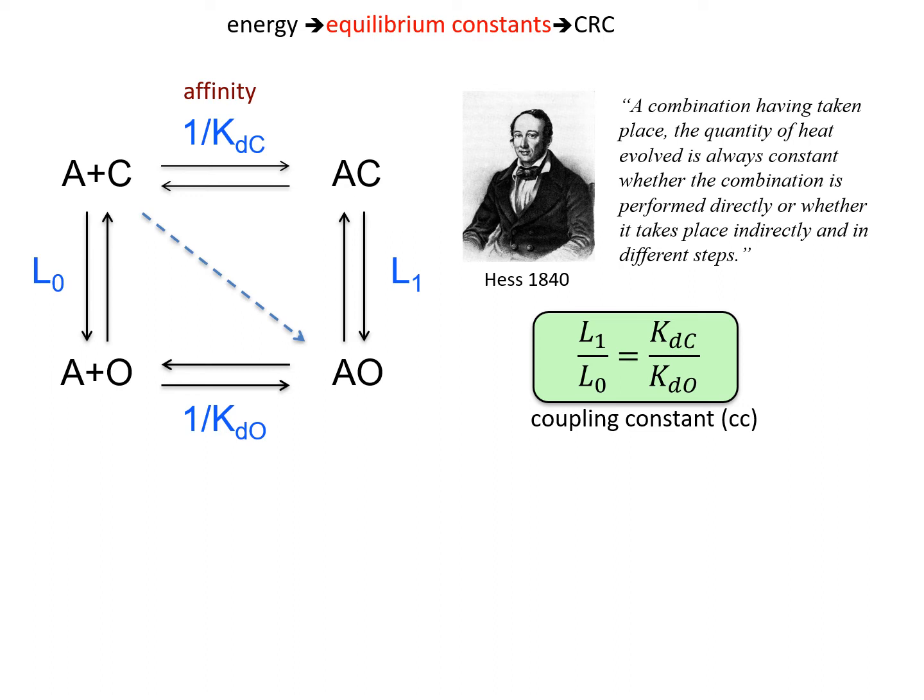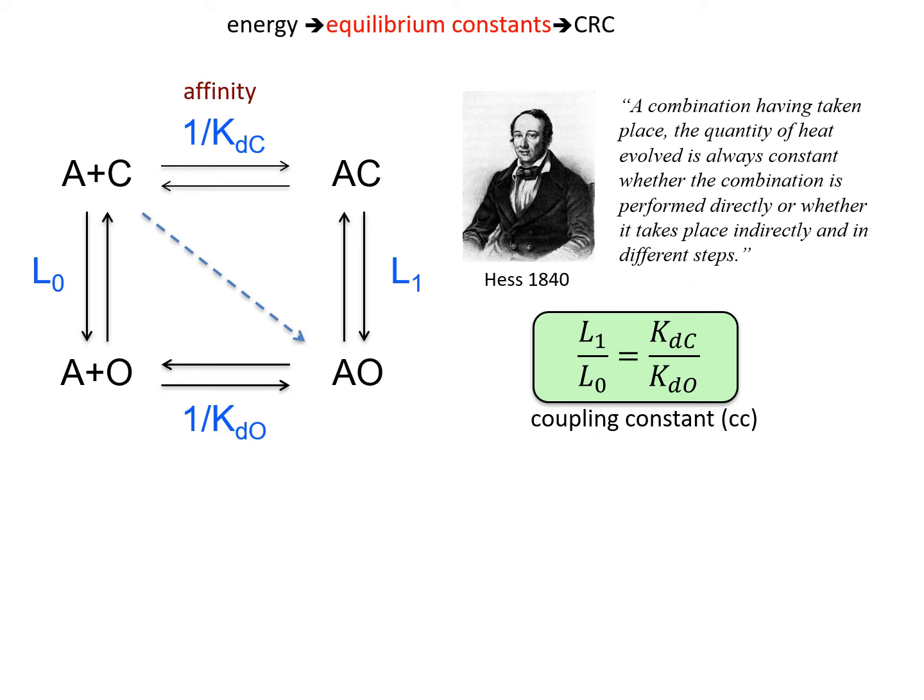The ratio of the gating equilibrium constants is equal to the ratio of the binding equilibrium constants, and that ratio is called the coupling constant. For a two-site receptor, the equation would be L2 over L0 equals the coupling constant squared. So recently, some people have suggested that in ion channels, the input of energy from the ion flow may obviate Hess's law.